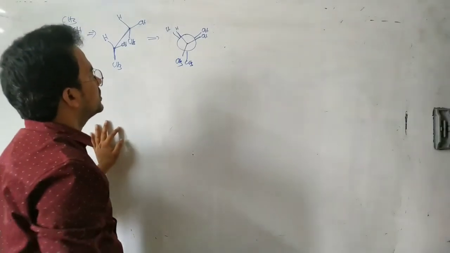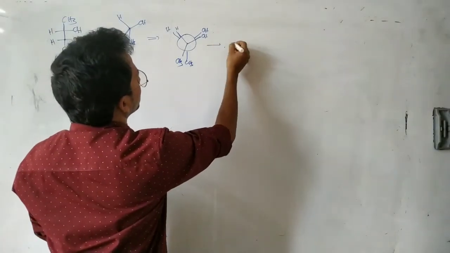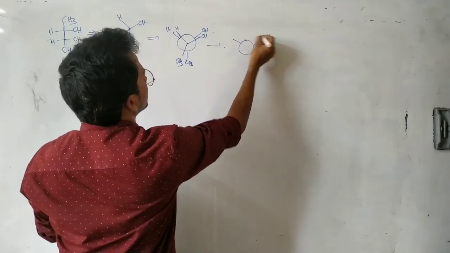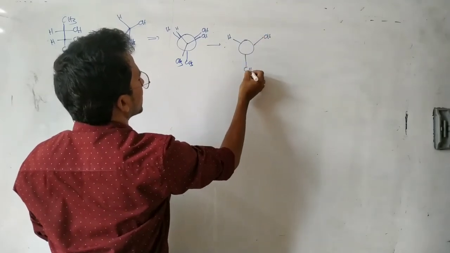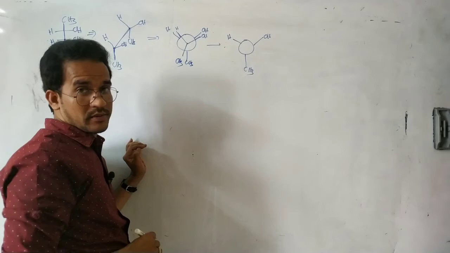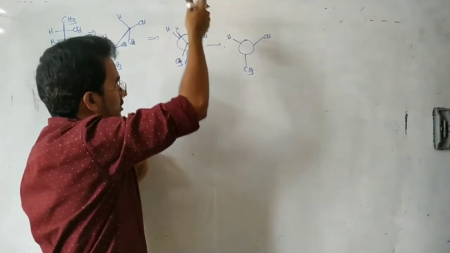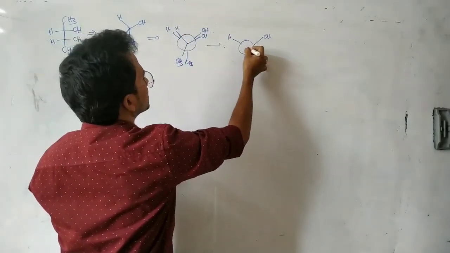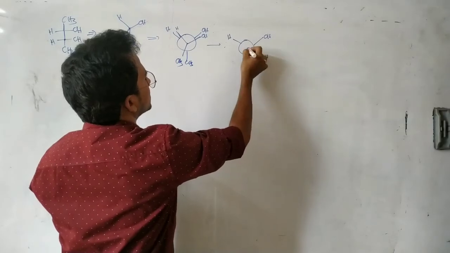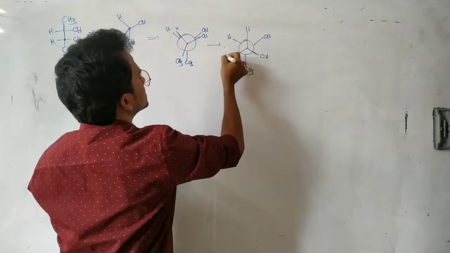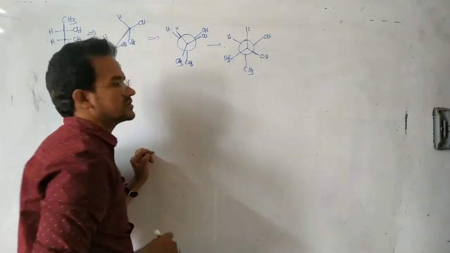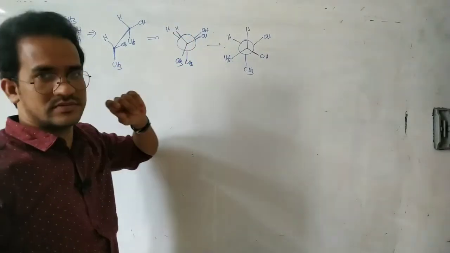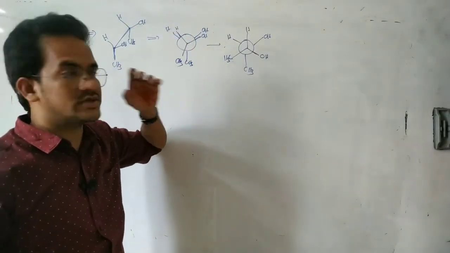Now rotating, by 60 degrees, the rear carbon has hydrogen, OH, methyl. Now rotating the front carbon by 60 degrees like this, here OH, hydrogen, and this is CH3. That means the front carbon is rotated just 60 degrees, so we will get this conformation.